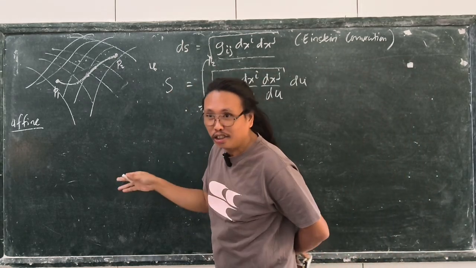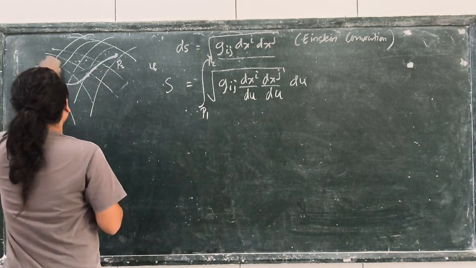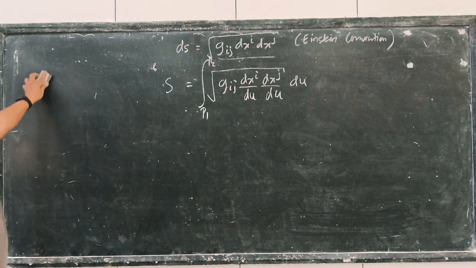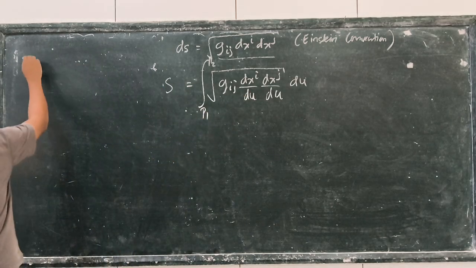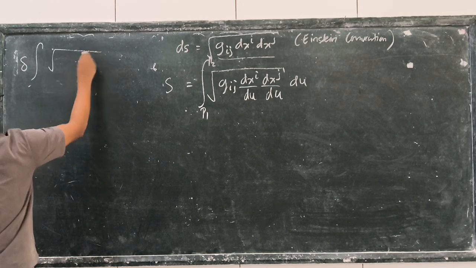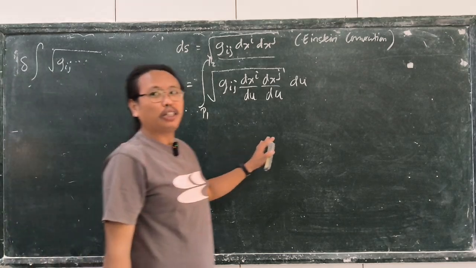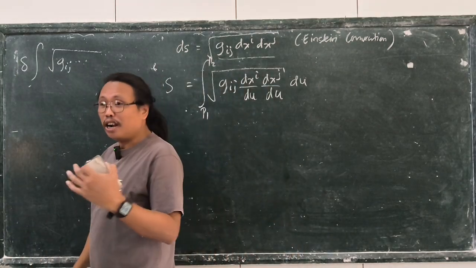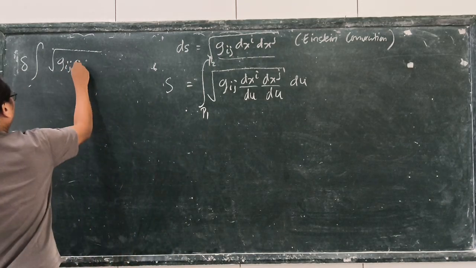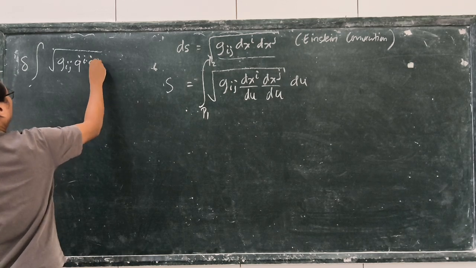So, let's apply calculus of variations to this integral. I'll write this integral here. I would take now the variation of the square root of g_ij. Since in our context we're using q for generalized coordinates, I'll be using here q dot i, q dot j.